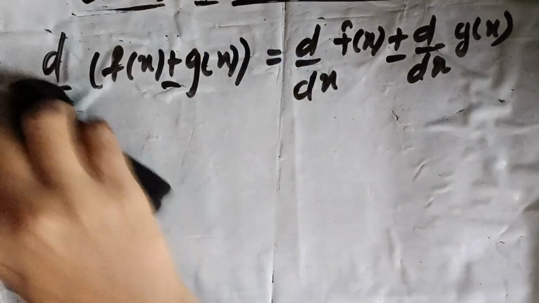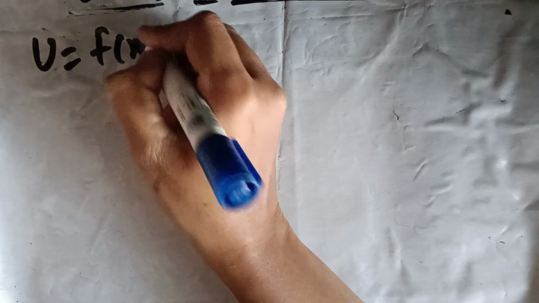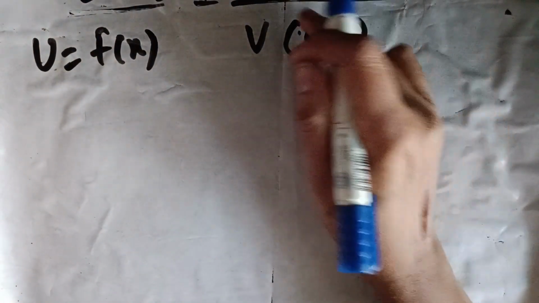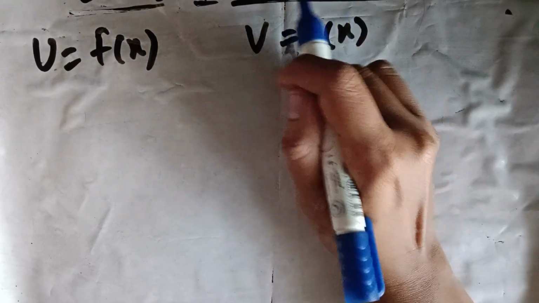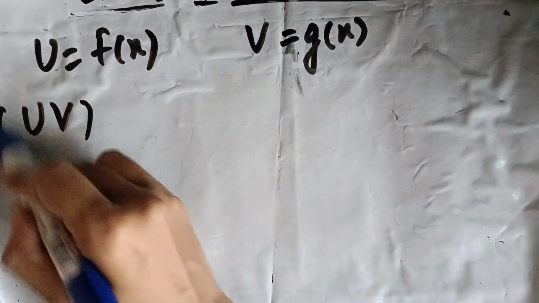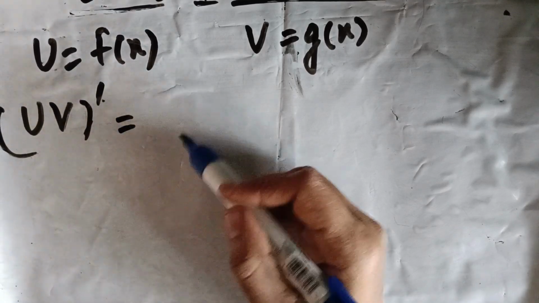For the product rule, we take u as f of x and v as g of x. Now when you want to find the derivative of this, derivative is also denoted by dash, right?